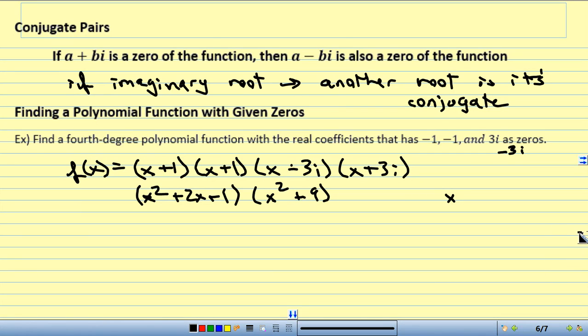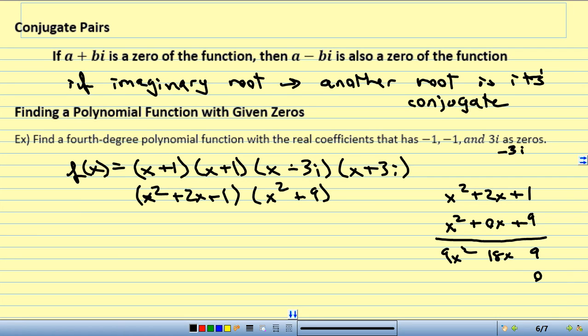So, stacking method, x squared plus 2x plus 1 times x squared plus 9. Don't forget your placeholders: x squared plus 0x plus 9. Then just multiply it out. So you've got 9, you've got 18x, you have 9x squared, and a double placeholder, because 0 times everything is just 0.